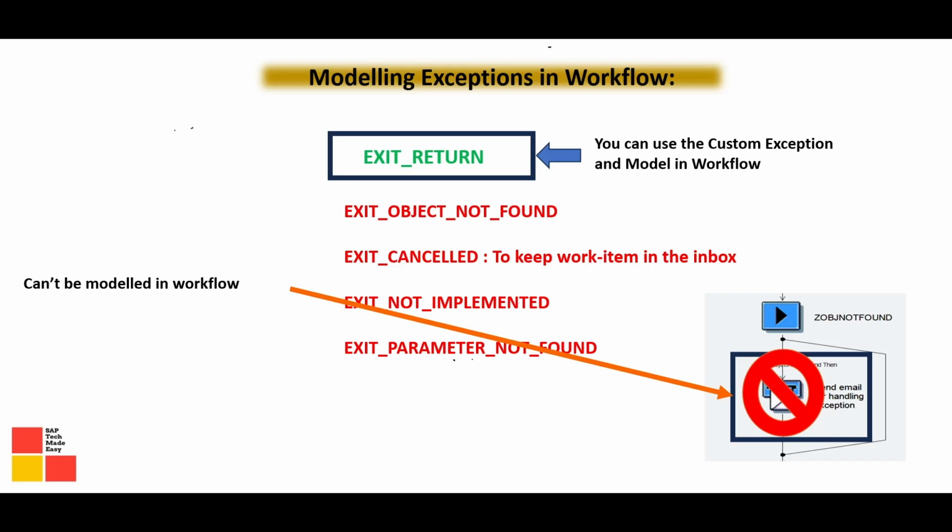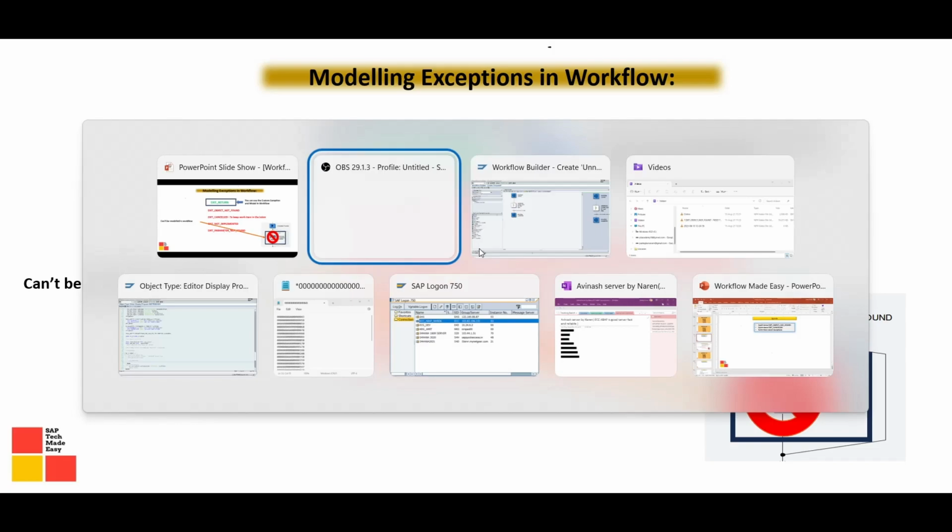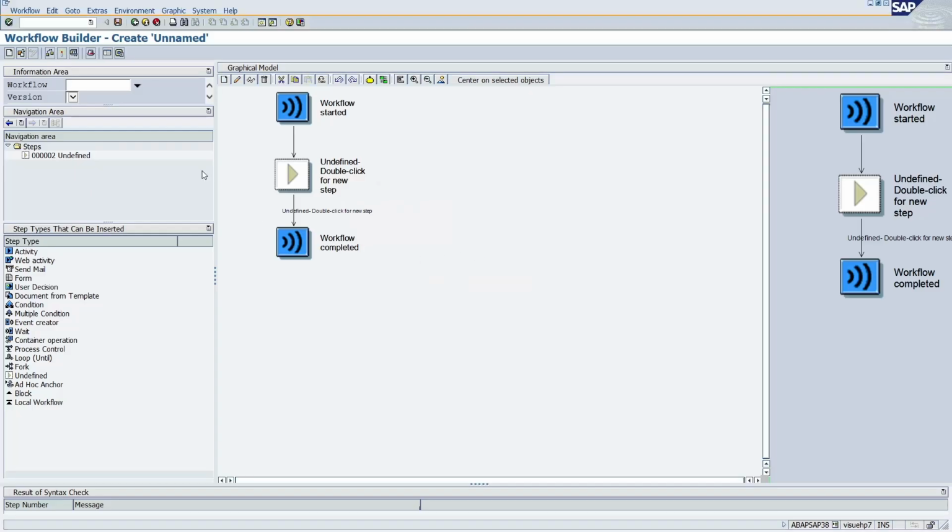In that case, we want to throw an information message to the agent that it's not meeting the length criteria, please make the length more than 25 or something like that. And again, we want that work item to stay in the agent inbox itself. So let's first see the general behavior.